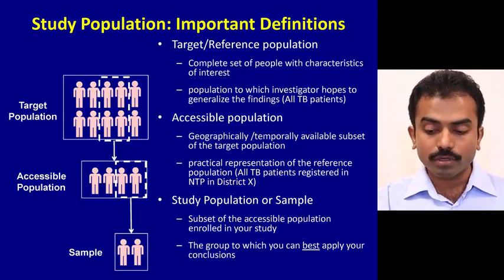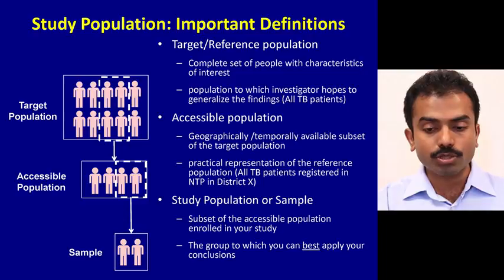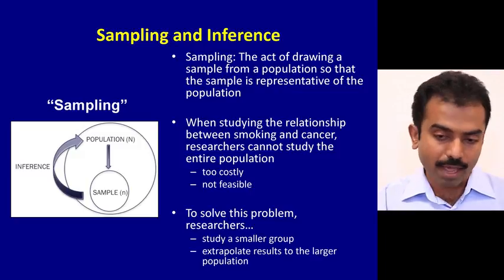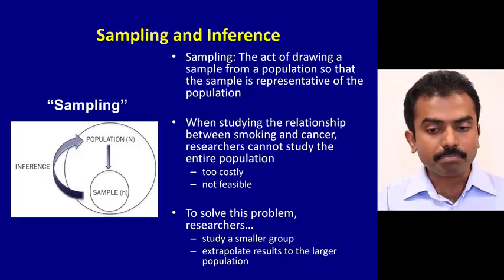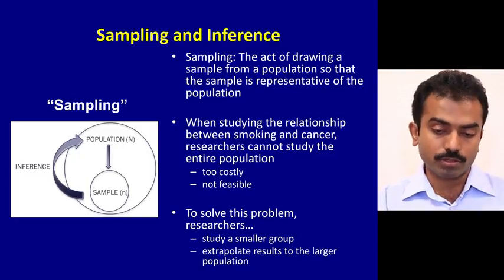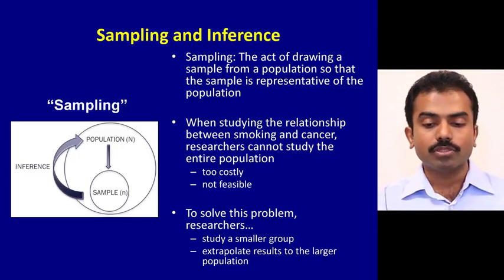Now we'll go on to discuss the next subtopic in this presentation, and that is sampling and inference. What is sampling? Sampling is the act of drawing a sample from the population so that the sample is representative of the population.